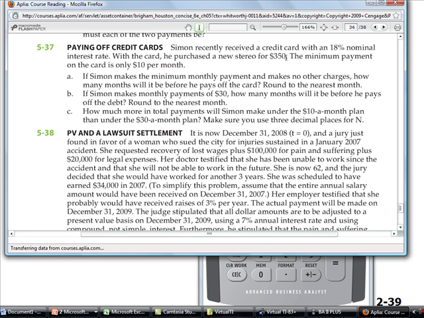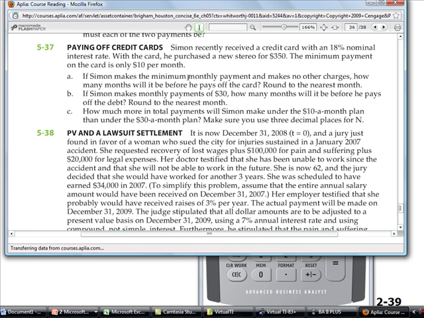He goes out, buys a new stereo for $350. The minimum payment on the card is only $10 per month. Let's assume that Simon makes no other charges on the card. So he has realized that this was a bad thing to do, and he resolves to make no other charges on the card, and he's going to begin paying off this stereo, this $350 debt.